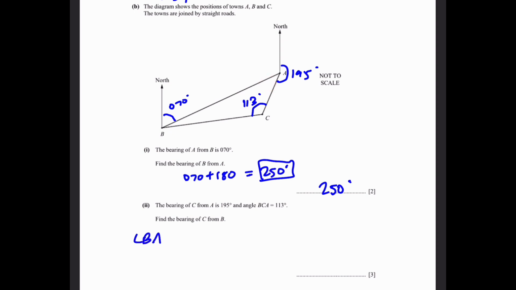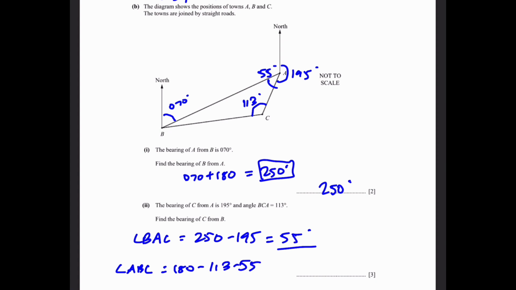Angle BAC is just going to be equal to 250 minus 195, which is 55 degrees over here. So that's 55, and now we can find angle ABC. It is 180 minus 113 minus 55, because angles in a triangle add up to 180 degrees. And that makes 12 degrees.